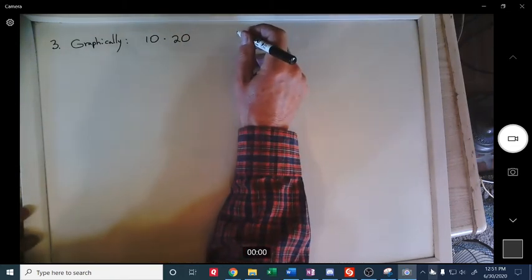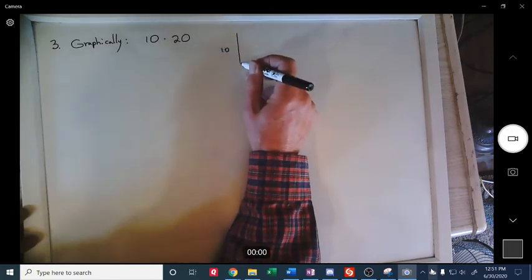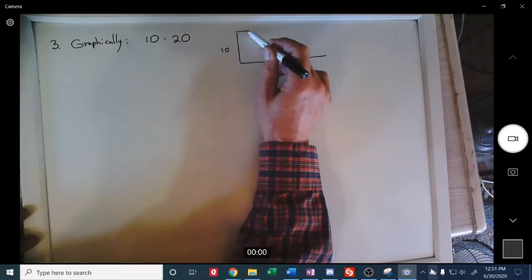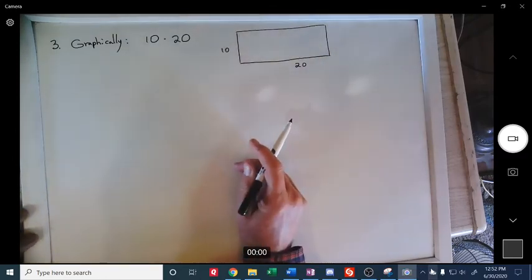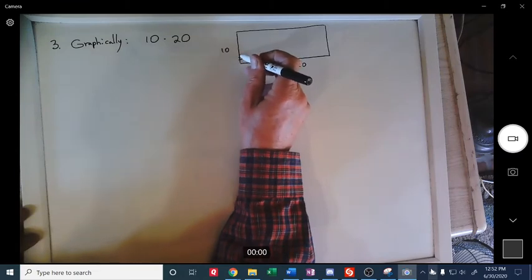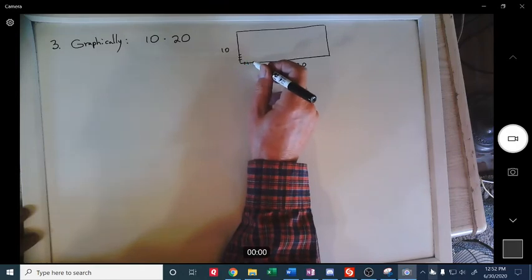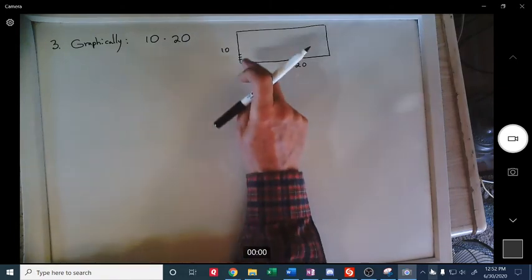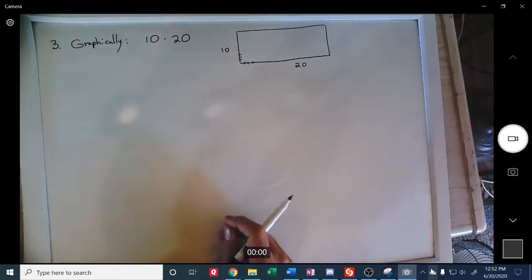Well, we make a picture. A rectangle, 10 by 20. And we're trying to find the area of this. If you divided this up into 10 little line segments, this into 20 little line segments, and then you made all the boxes, you'd get 200 of these little tiny square centimeters, whatever they are.